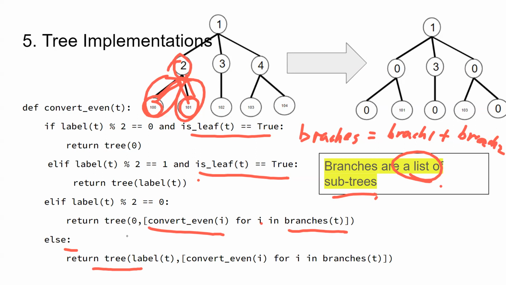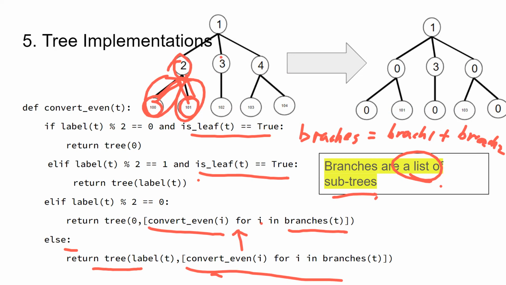So you will return tree of label, same as usual, but also you will say label tree mark 2 for this, because for this label, this will be the old value, but it doesn't mean the subtrees below you will be the same as before, because maybe some of the nodes contain even numbers and we still have to modify them.